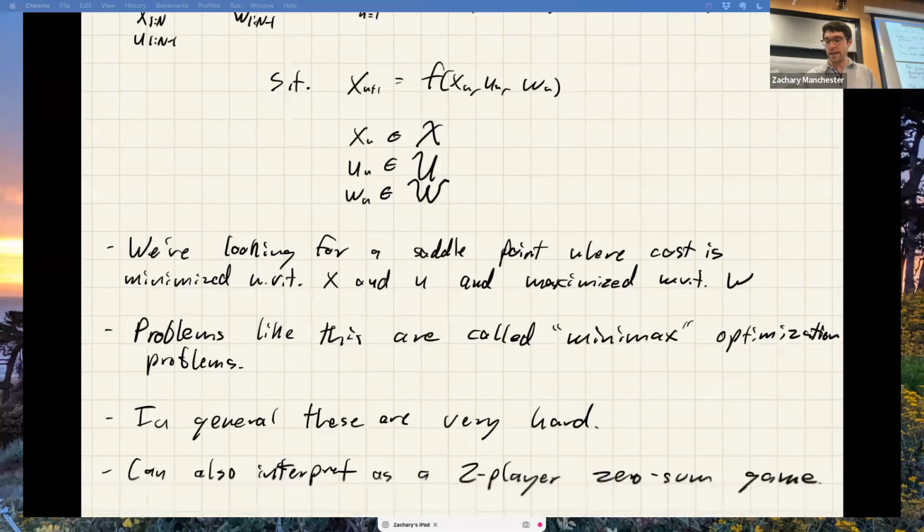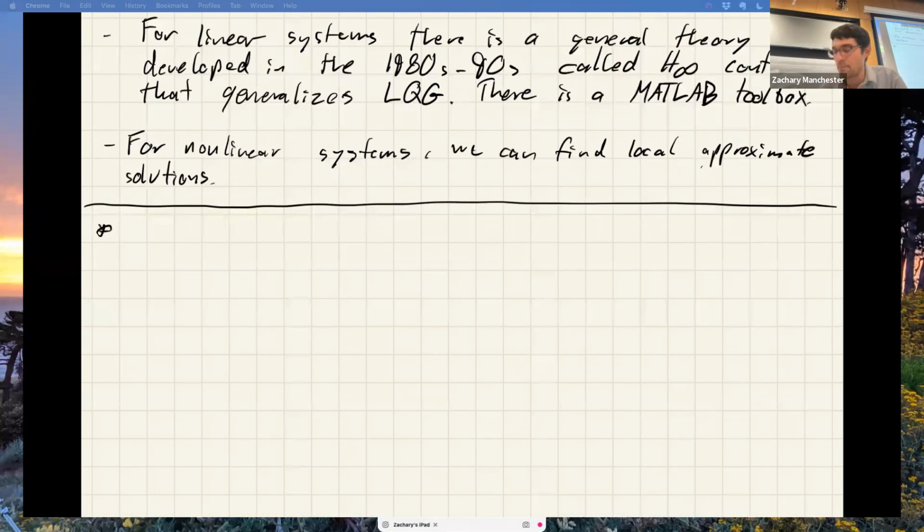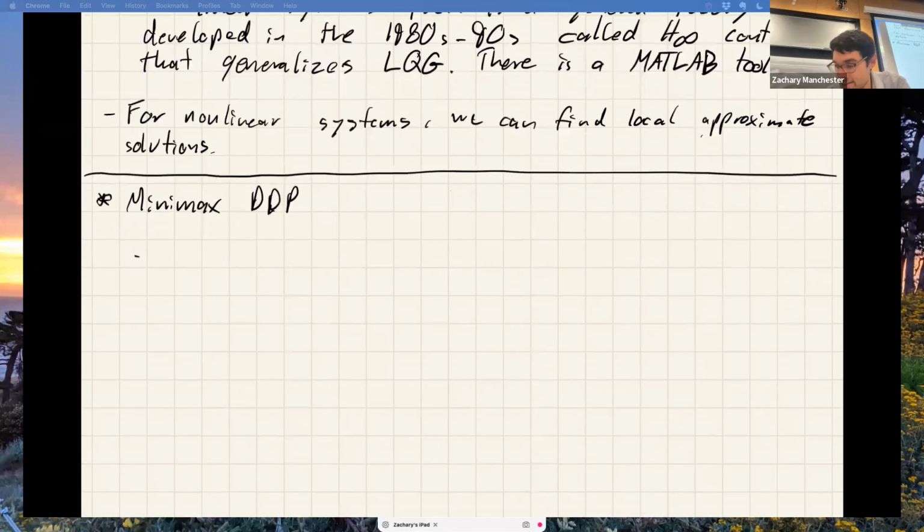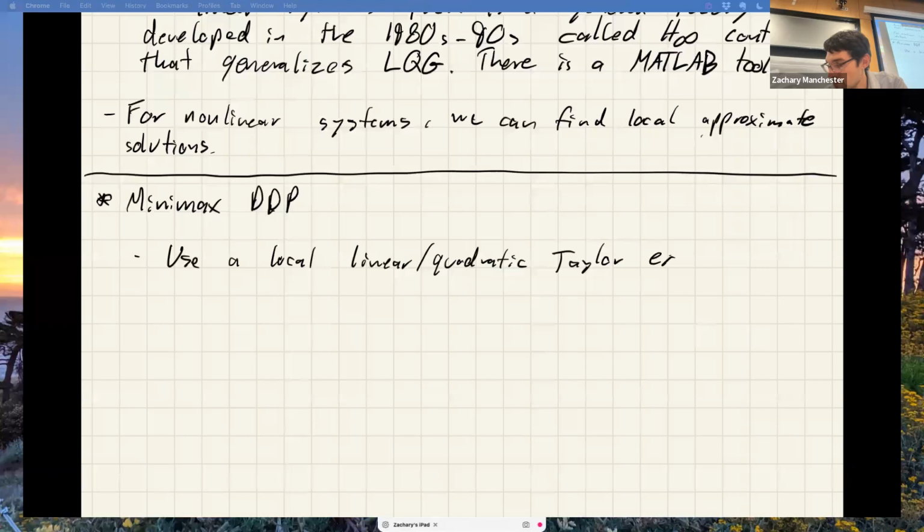And that's what we're going to talk about now, Minimax DDP, which is actually the original paper by our very own Chris Atkinson from about 20 years ago now. It's a 2003 paper where they did this. So kind of fun. As you'd expect, use a local Taylor expansion, sort of iteratively approximate stuff.